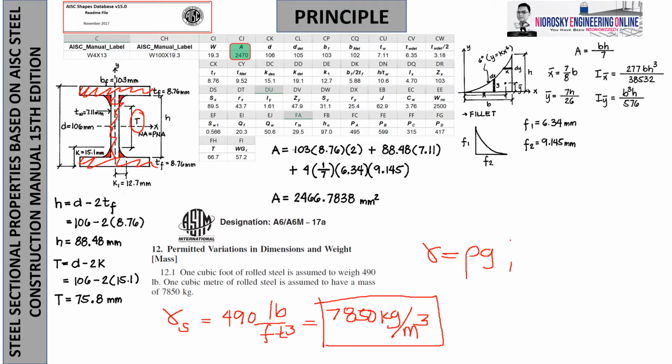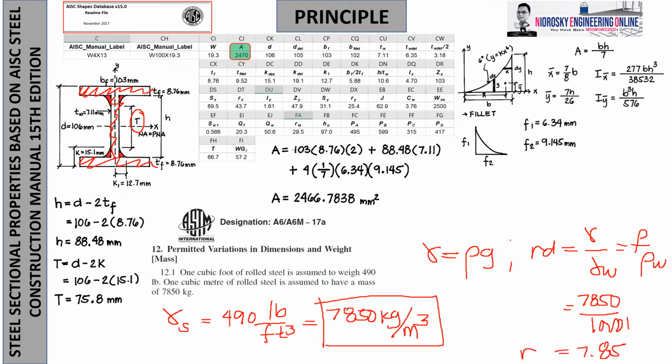So, RD, pwede naman yan. That is equal to gamma over gamma of water. So, meaning, that is 7,850, which is density na lang pala gamitin natin of water, over 1,000 kg per cubic meter. So, which is 7.85 ang kanyang relative density. Okay? So, therefore, it is clearly derived, no?